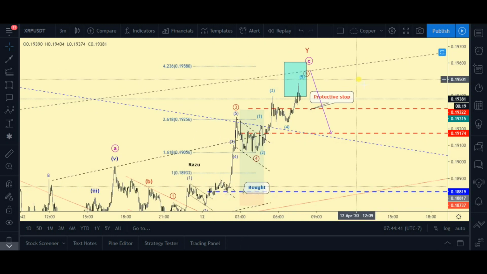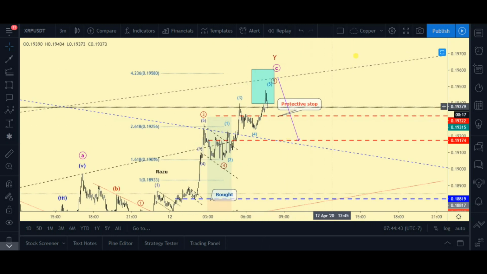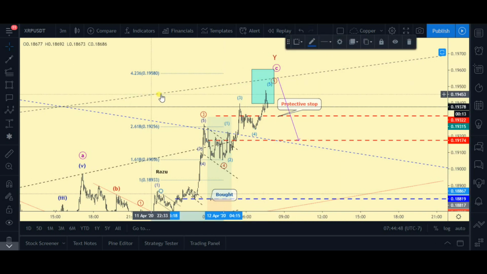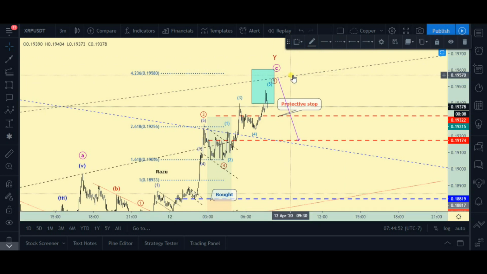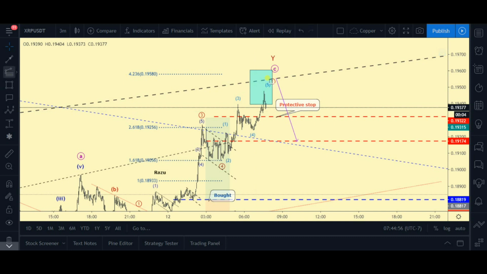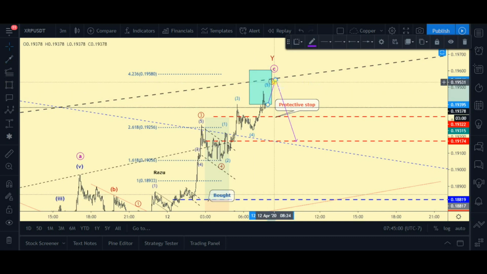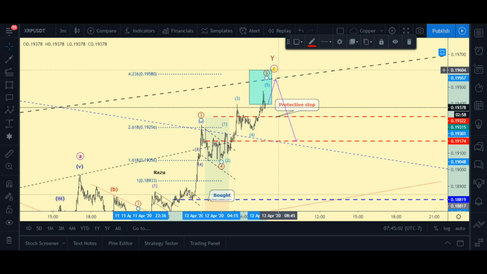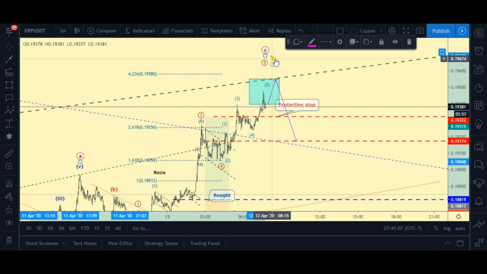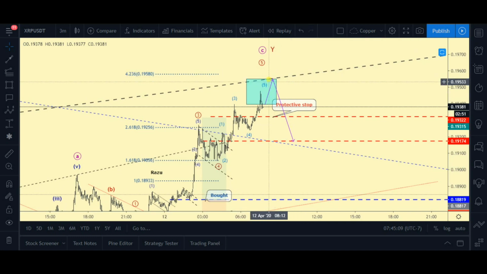Then after that we'll have to wait for another confirmation whether the trend will continue up or down. But looking at this trend line right here, I don't want to wait for much confirmation. So this could be a very strong resistance right here, and then the correction might follow.